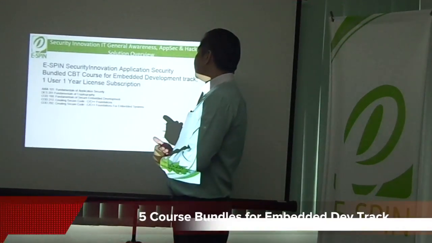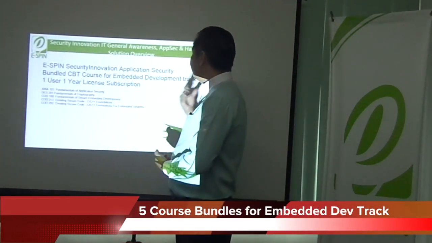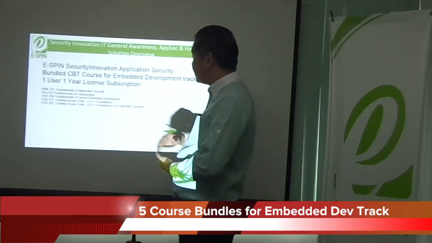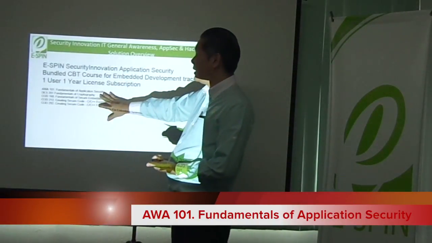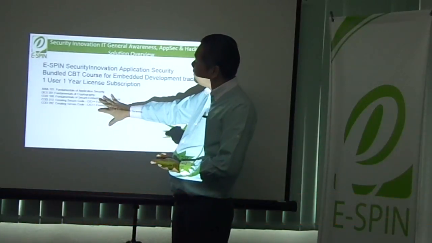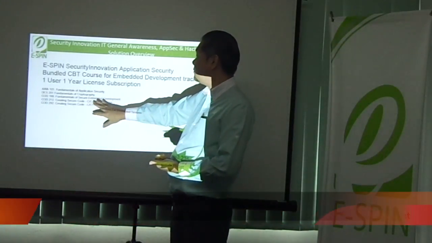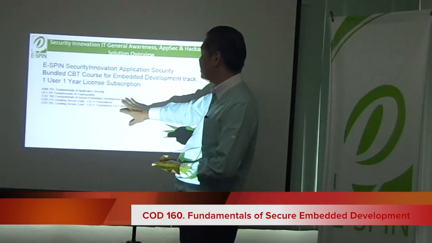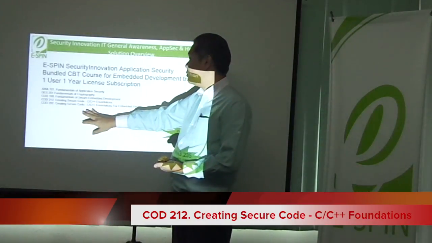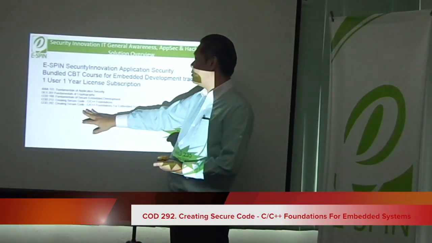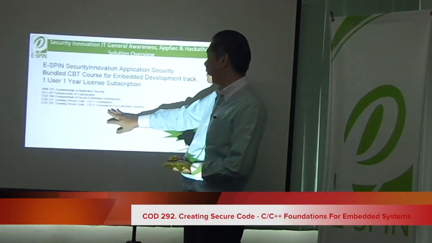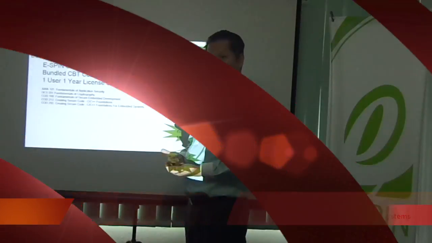For those related to embedded development, this is a track, of course, same also with 5 courses. Here we have the foundation of application security, foundation of cryptography, and the foundation of secure embedded development, create secure code for C++ foundation, and then create secure code for C++ foundation for embedded system.